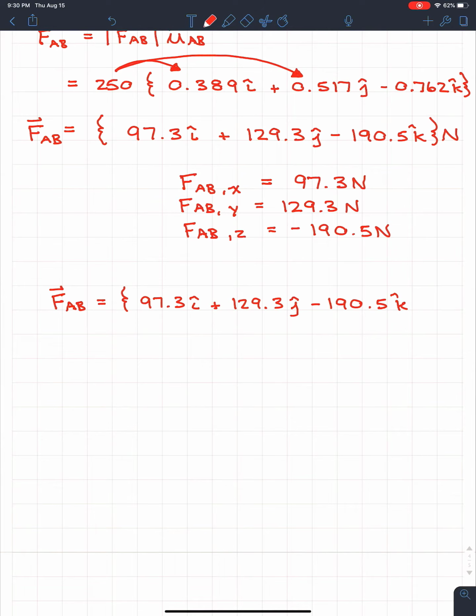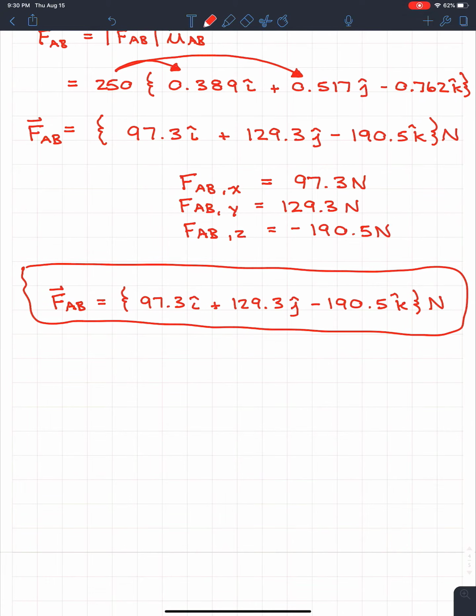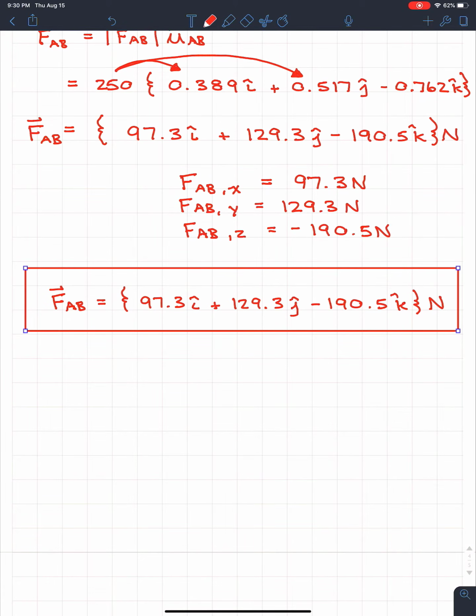And again, it's a force vector. We need to throw in the units. And since it's our final answer for this part of the question, we're just going to put a nice box around it. So we say, hey, marker, this is what I want marked. Because a lot of you guys can be real tricky sometimes and try and fool us.